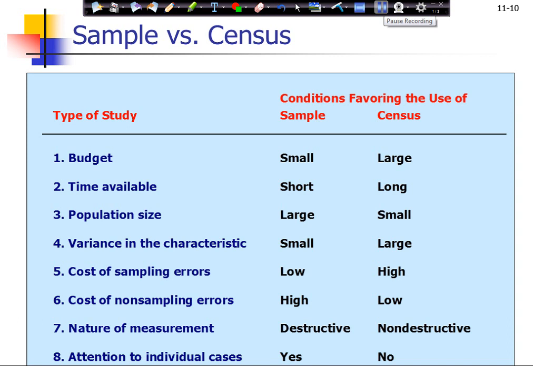Let me keep it very simple. Higher the responses, higher may be the possibility of getting errors in the responses you collect. So whenever we limit the number of respondents, we always have higher probability of getting accurate results which we desire.